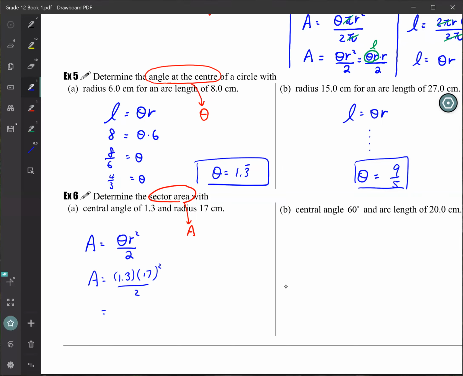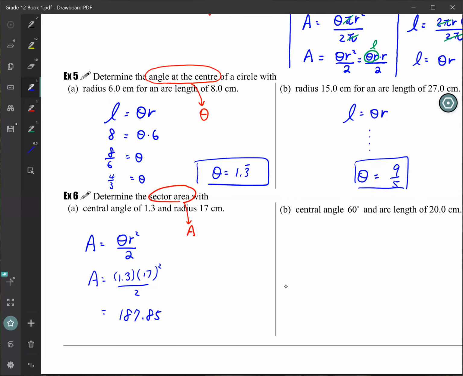Okay, William, what do you have for your final answer? 187.85. Okay, Eric, do you have the same? Oh, yeah.